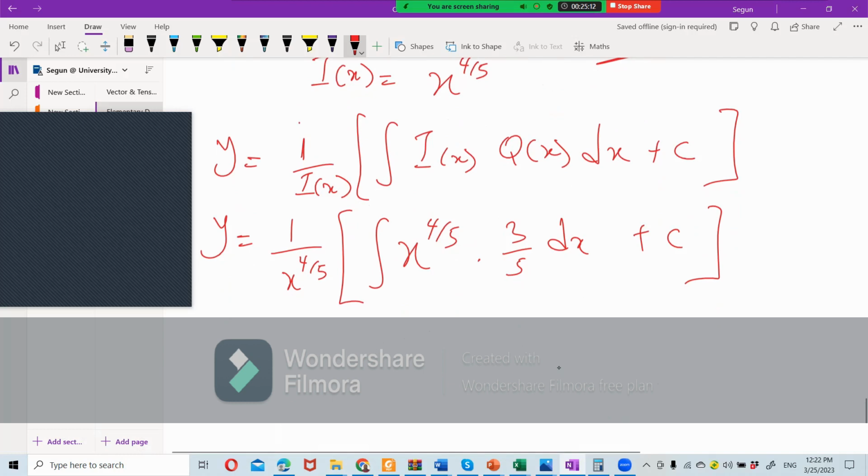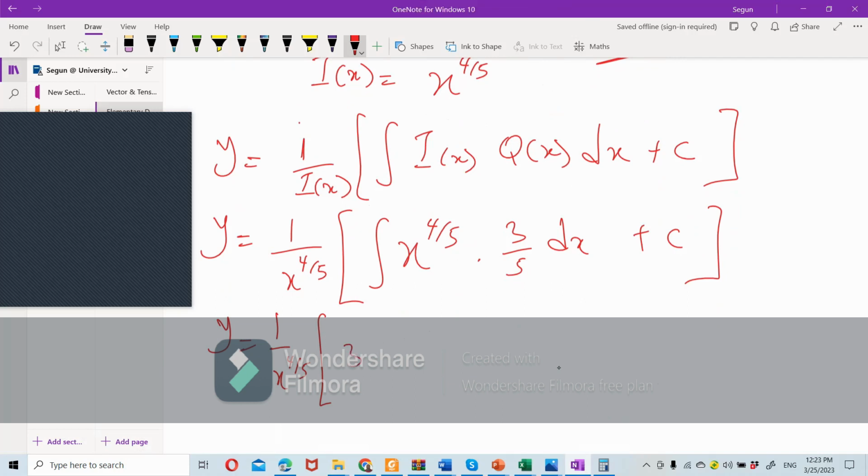So I can take it out by saying y equals 1 all over x raised to power 4 over 5. In bracket, take this constant out. What do I have? I have 3 over 5 integral of x to the 4 over 5 dx plus c.